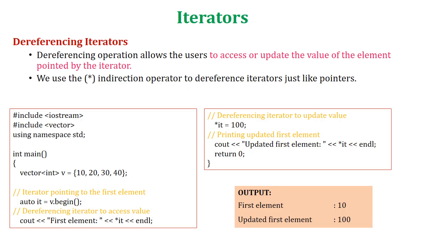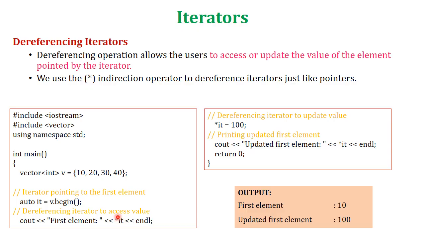Next, dereferencing the iterators. The dereferencing operation allows the user to access or update the value of the element pointed to by the iterator. For example, the vector variable holds a collection of values. Now the iterator equals v.begin, meaning the cursor starts from the beginning. Then the dereferencing operator followed by the variable shows the first element.